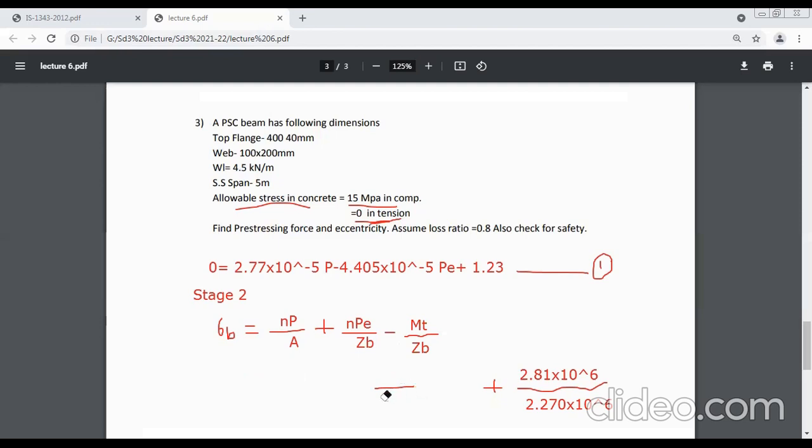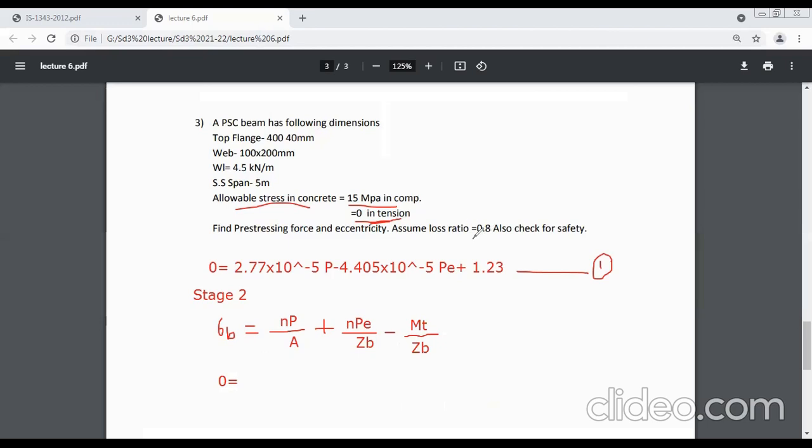So write down. Sigma B, it is 0, is equal to loss ratio, N, which is given as 0.8.